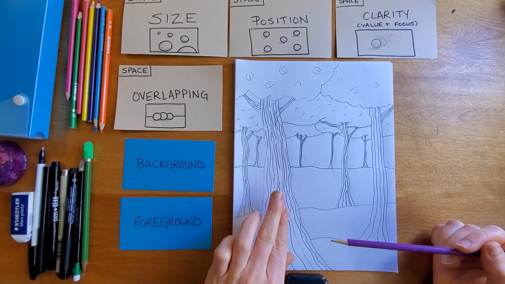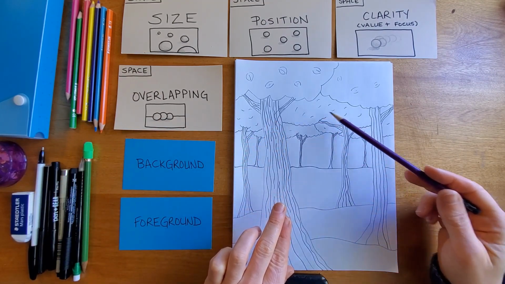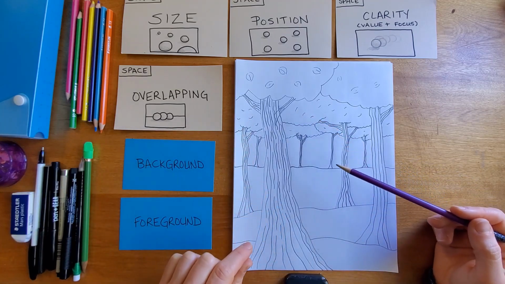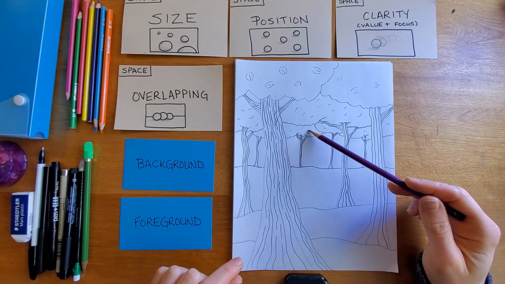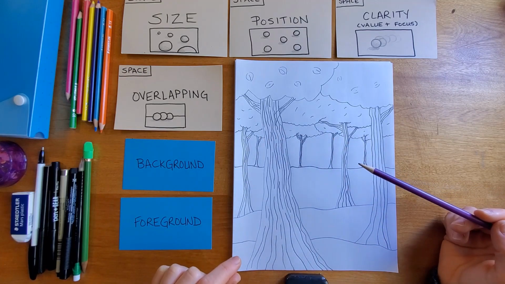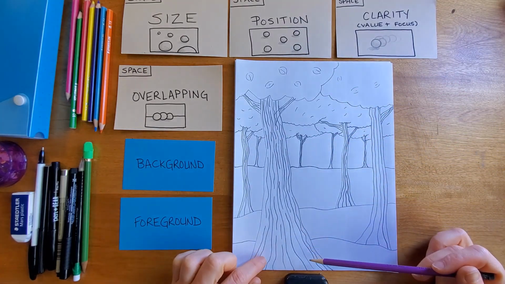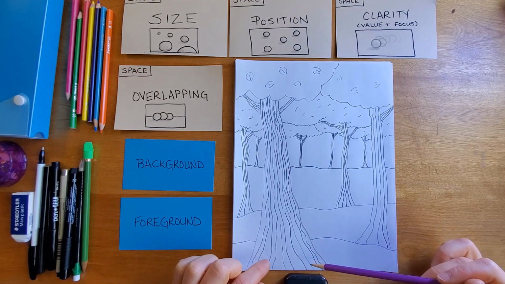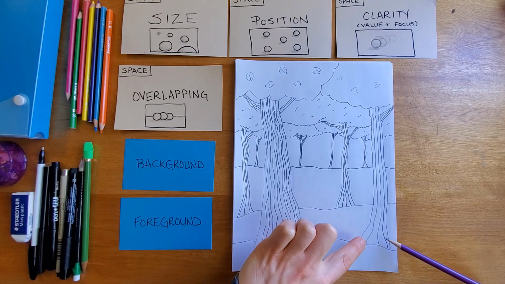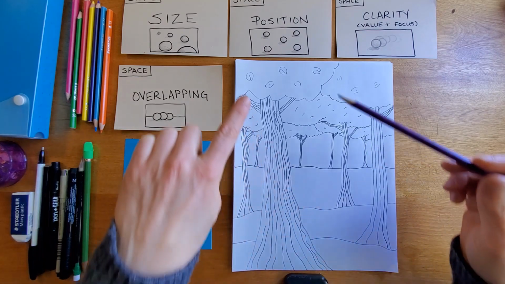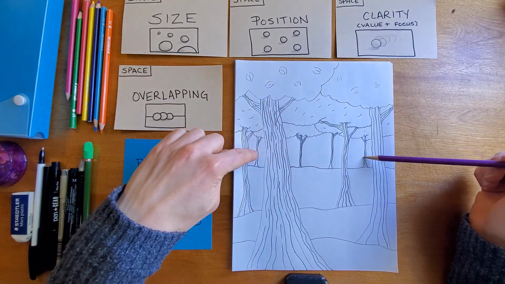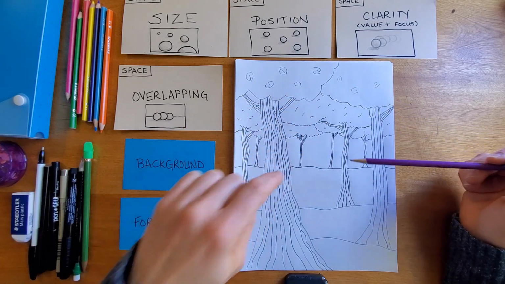This tree is in front of these trees. And those are in front of these trees. We also played with positioning. So the very front closest to us trees are at the bottom of our paper. And the ones that are further away are closer to the top of the paper.